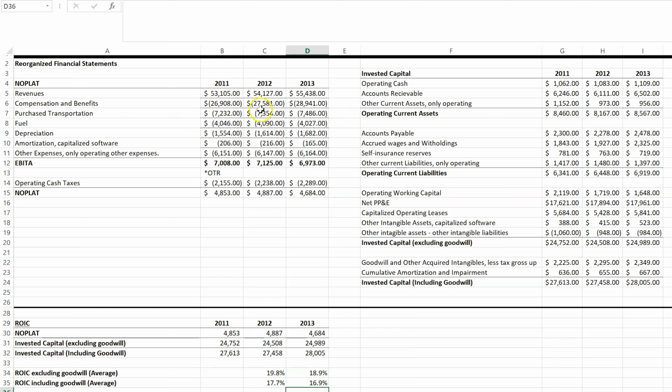Revenue generally grows at a steady rate. Costs generally grow at the same steady rate. So our NOPLAT tends to be relatively steady, either growing or shrinking, but it's not usually doing that in big jumps. On the balance sheet side, that's not quite true.